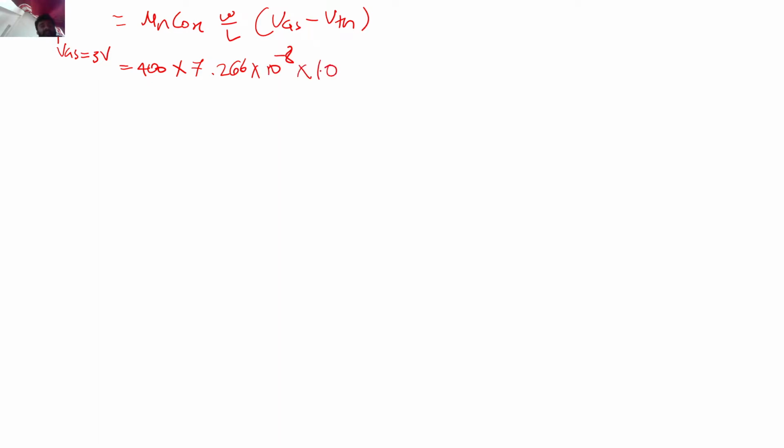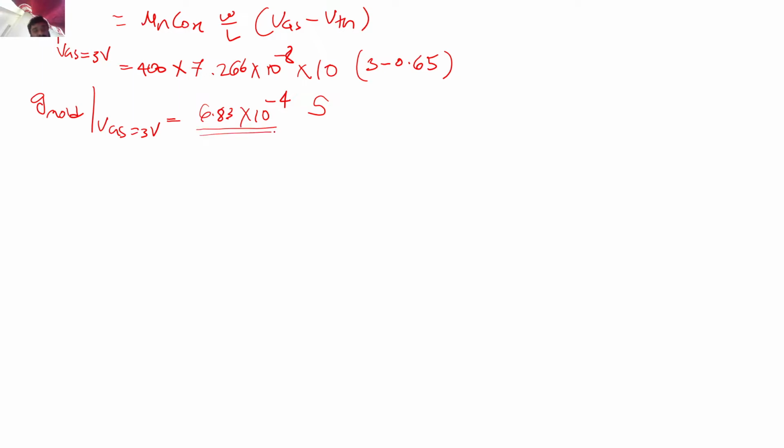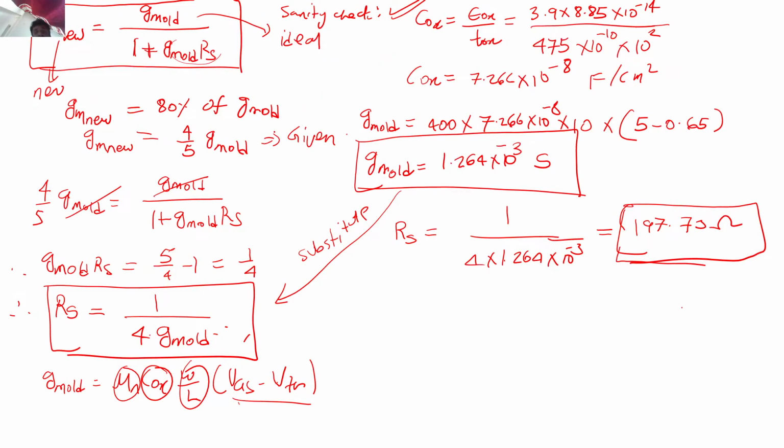The W by L is 10, and the Vgs now is 3 volts, and our Vth is as it is. So your Gm old at Vgs equal to 3 volts will come out to be 6.83 into 10 to the power minus 4 Siemens. Now, I am a big fan of sanity checks. This Gm value is lesser as compared to what I had got over here.